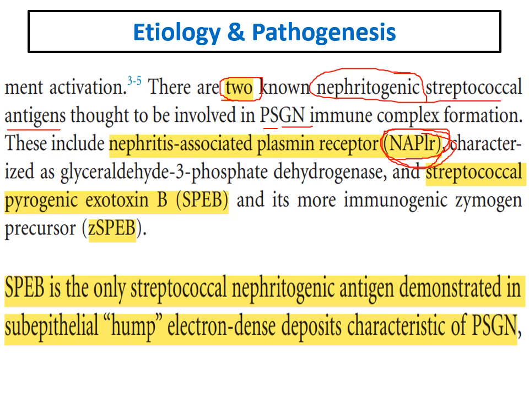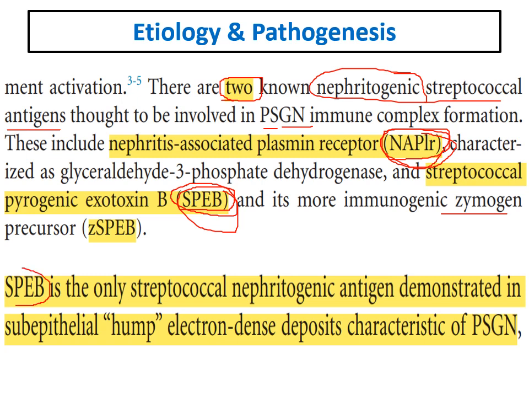The first is the nephritis-associated plasmin receptor antigen. And the second one is the streptococcal pyrogenic exotoxin B. Again, nephritis-associated plasmin receptor and streptococcal pyrogenic exotoxin B, and it has a precursor, called the zymogen precursor, for this streptococcal pyrogenic exotoxin B.